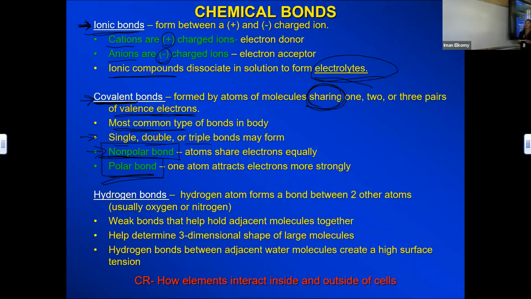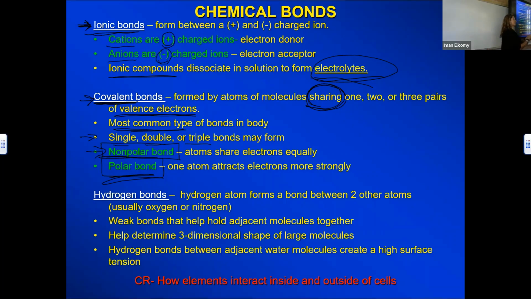But so far, how do we feel about covalent bonds? Kind of, sort of? Not sure yet. Maybe you need to see a few pictures. But I do want you to remember ionic bonds form between ions. Covalent bonds form with that valence electron on the outside.